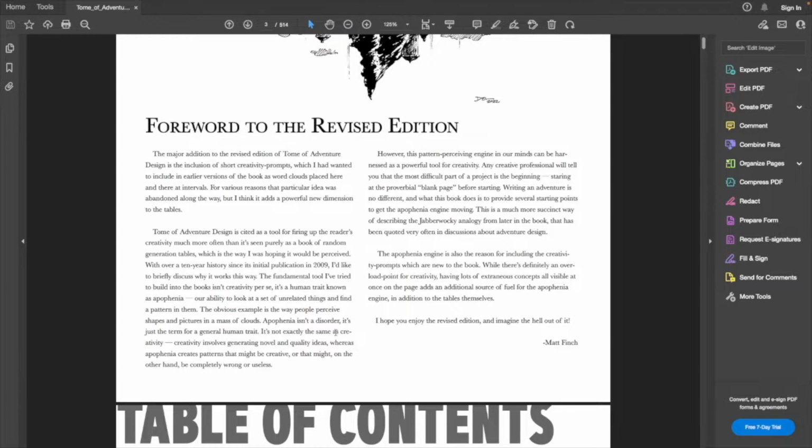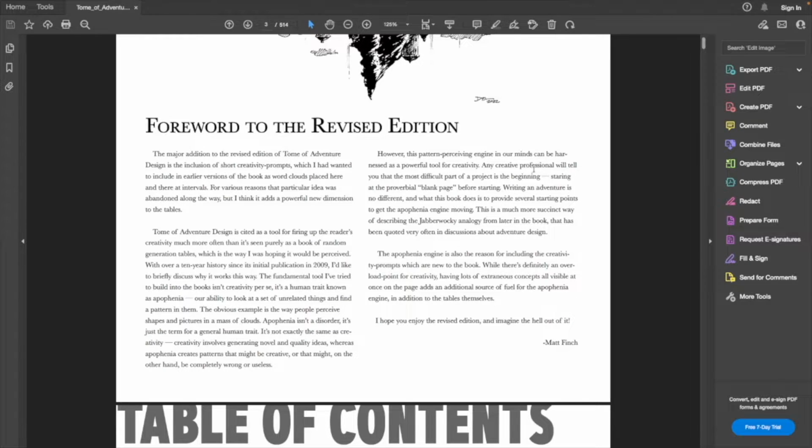It's not exactly the same as creativity. Creativity involves generating novel and quality ideas, where apophenia creates patterns that might be creative or that might, on the other hand, be completely wrong or useless. However, this pattern perceiving engine in our minds can be harnessed as a powerful tool for creativity.